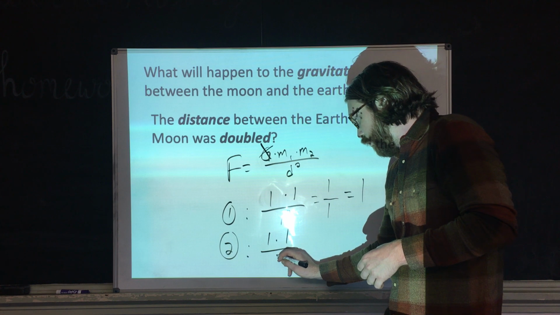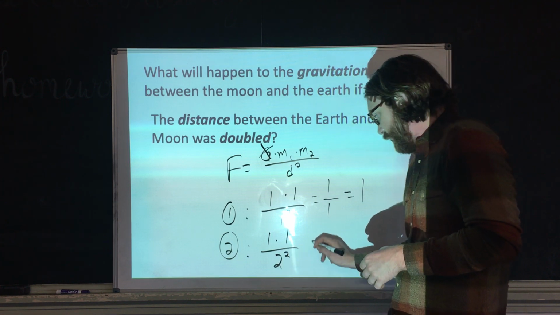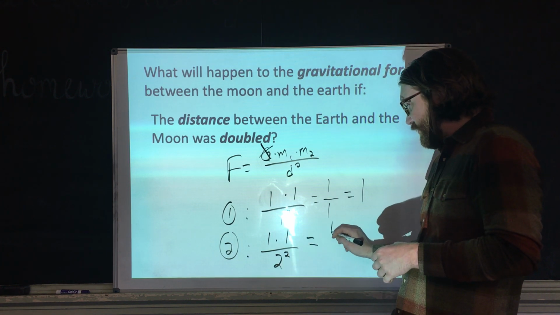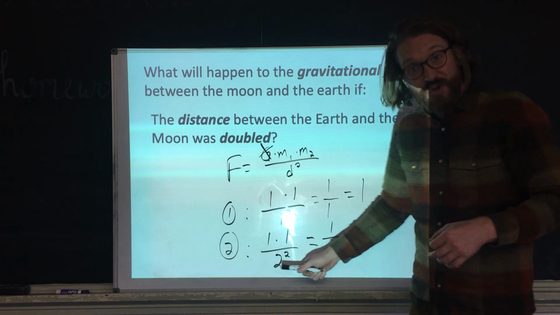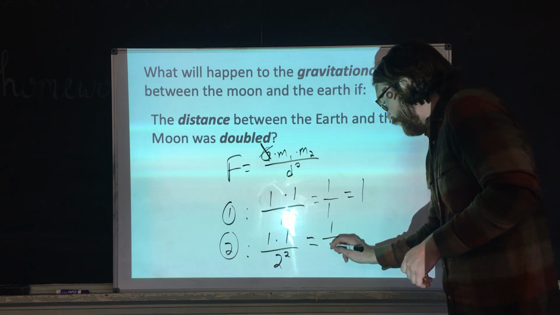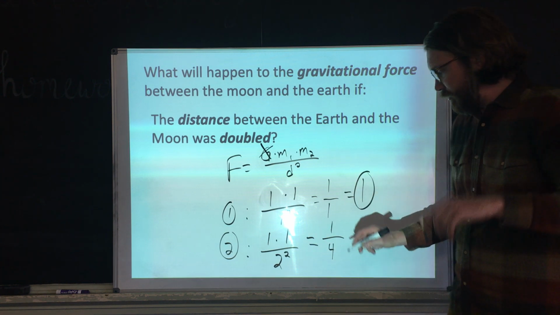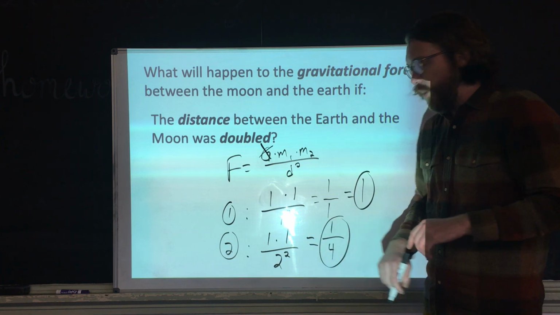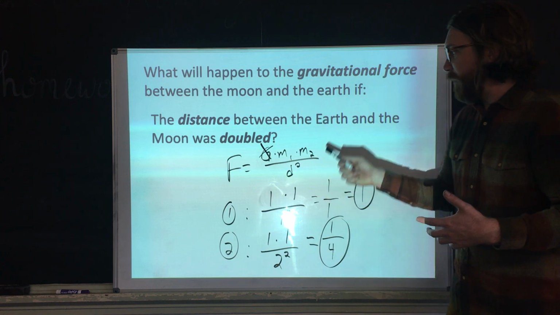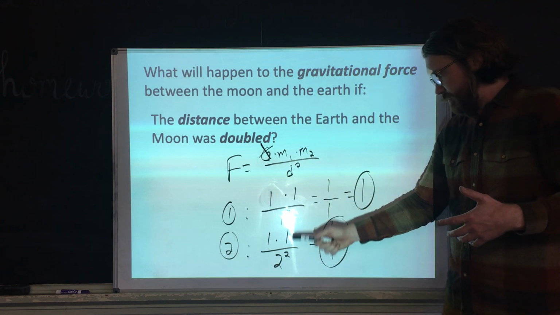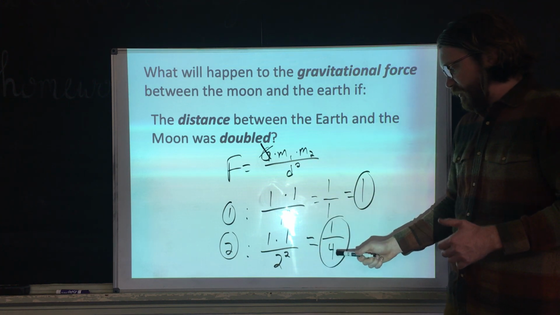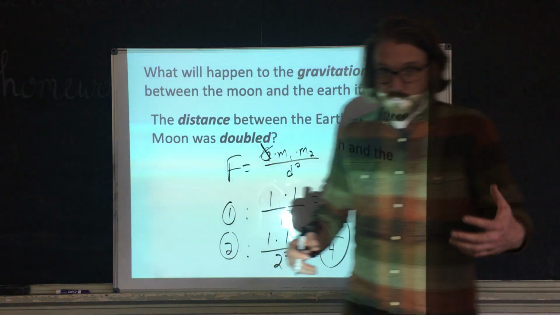So instead of 1, the distance is now 2 squared. 1 times 1 is still 1, and 2 squared, or 2 times 2, is 4. So look, here was our original force, 1 Newton. Now we have 1/4 of a Newton. So by doubling the distance, we divided the force by 4.